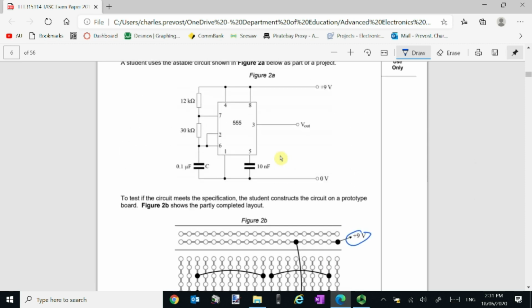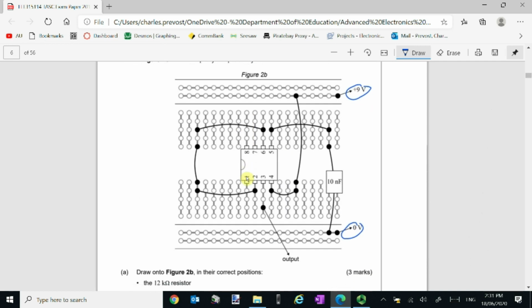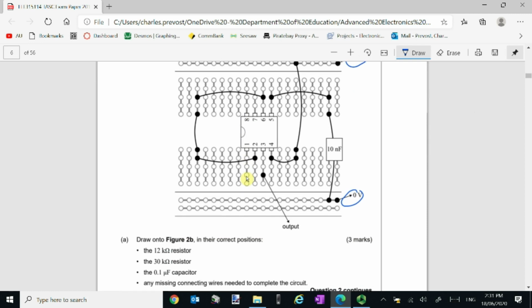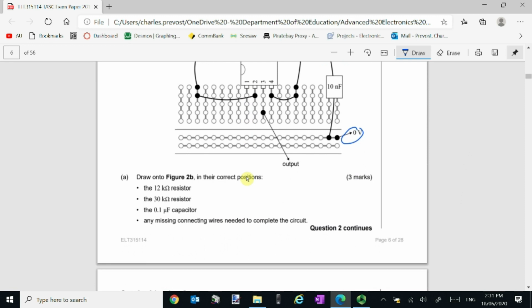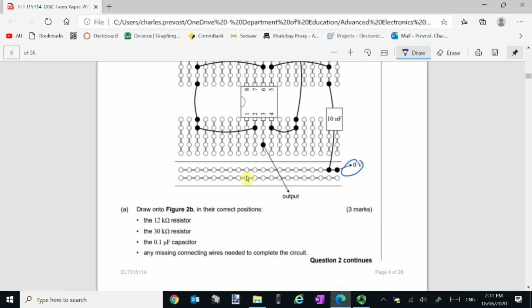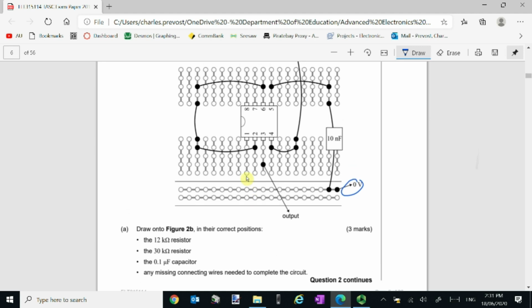So you can see that that's that one there.